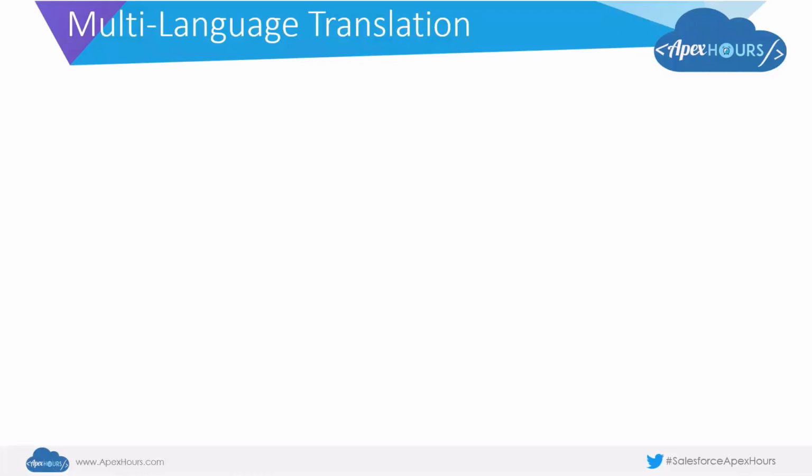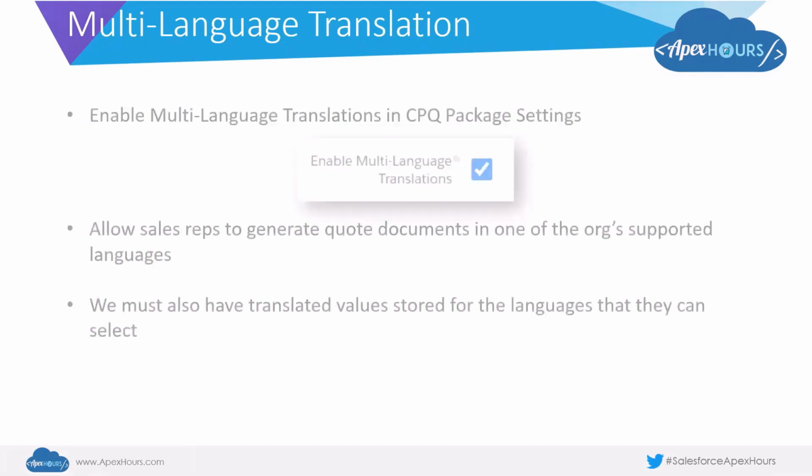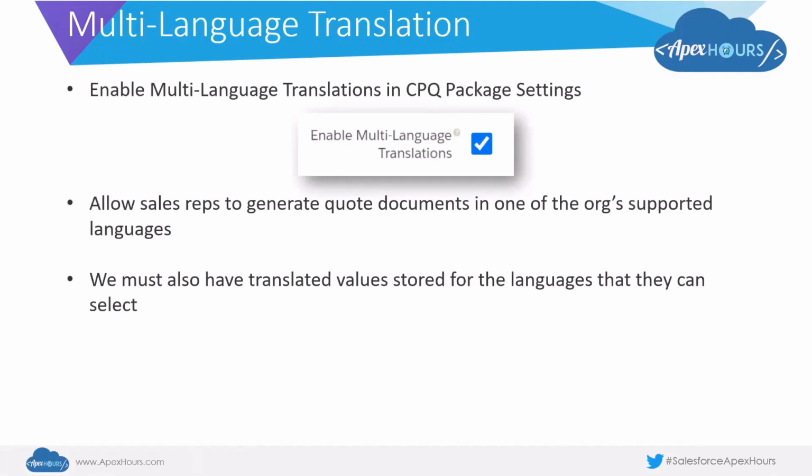Before we wind up this session, I wanted to quickly touch upon two other features that are involved in document generation. One is multi-language translation. To enable multi-language translation, in our CPQ package settings under the documents section, you would see this particular checkbox called enable multi-language translations. Please ensure this is checked.